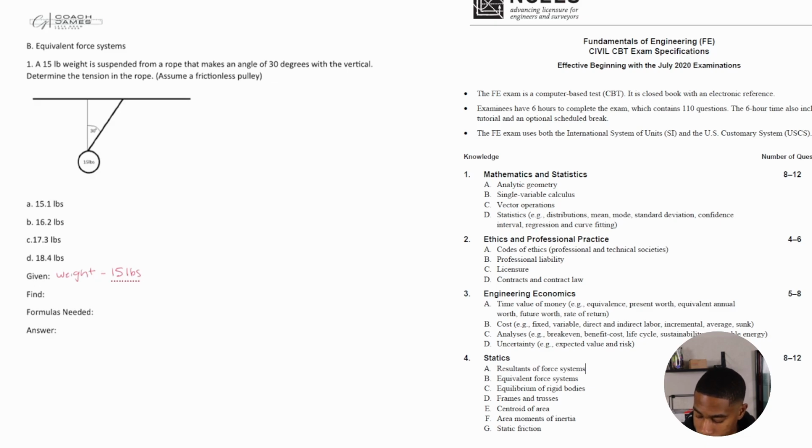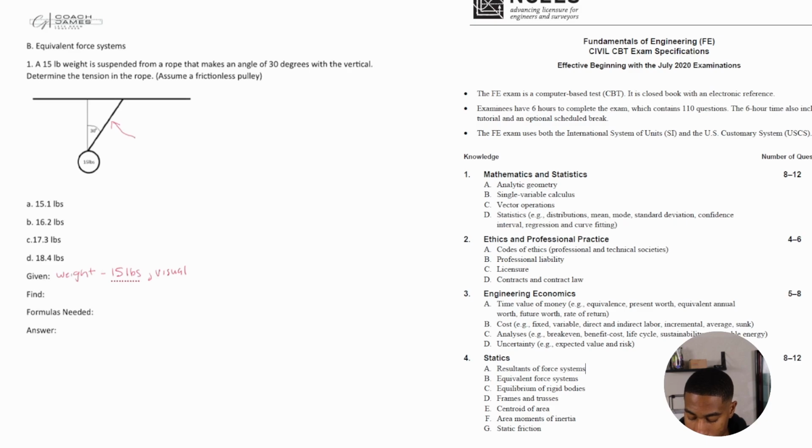I am given a visual of what this looks like. I can see that my string is here, this dark line. It kind of disappeared, but it's there. And then I can see the angle is 30 degrees from the vertical direction. So just something to note, pretty important.